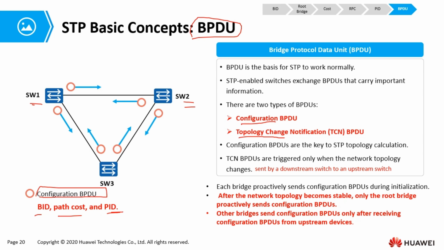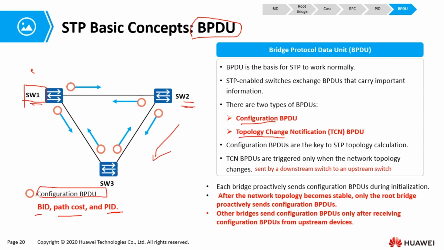After we select the root bridge, the network topology is stable. For example, if only switch 1 is the root bridge, only the root bridge will proactively send the configuration BPDU to the others. Once switch 2 receives the configuration BPDU, it forwards it to the downstream switch 3.